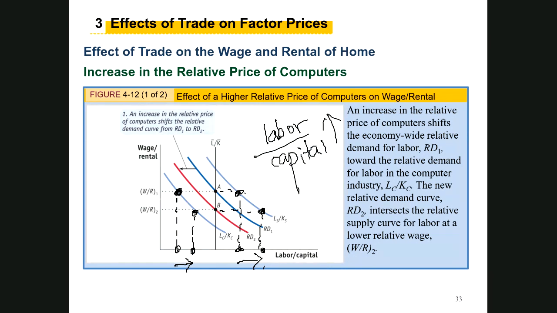Take a look at the notes here. An increase in the relative price of a computer shifts the economy-wide relative demand for labor, RD1, toward the relative demand for labor in the computer industry. The new relative demand curve is RD2, so blue line to red line, and it intersects the relative supply curve at a lower relative wage.